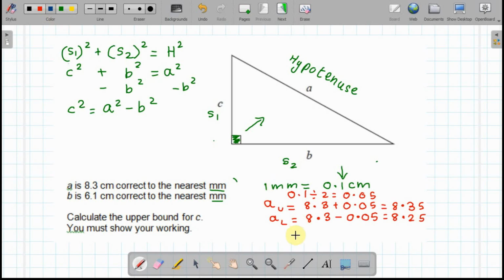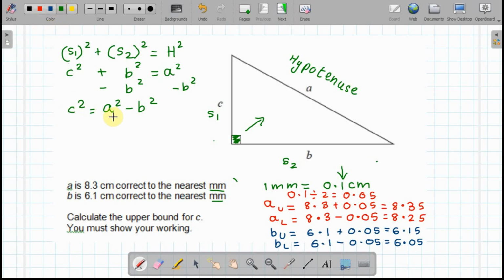Now we're going to try B. Same thing for B. The upper bound is going to be 6.1 plus 0.05, which is 6.15. And the lower bound for B will be 6.1 minus 0.05, which is 6.05.